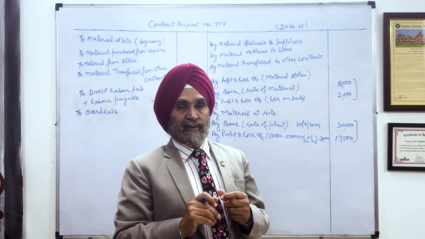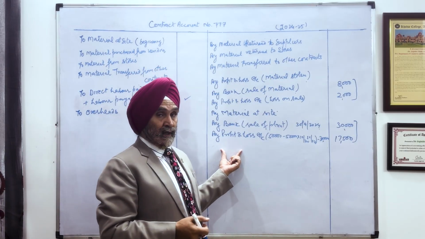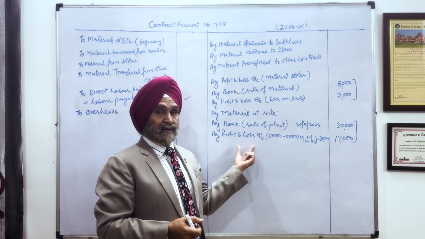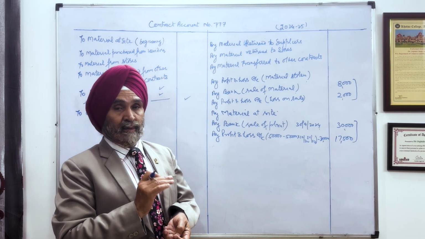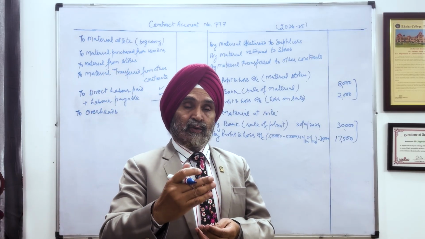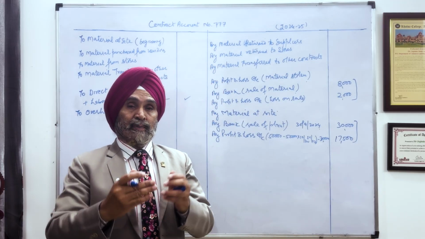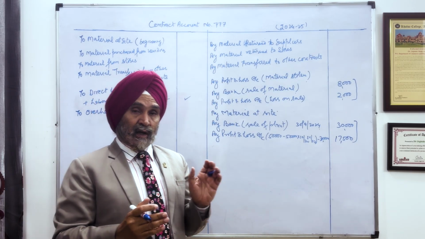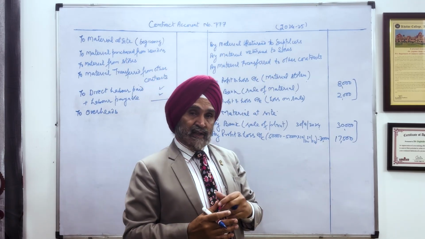In the first part, we had discussed when the contract was complete, and we wrote 'by contractee' account. But when work is incomplete, and it is to take 1 month, 1 year, 2 years, 3 years more to complete the contract, then how are we to calculate the profit at the end of the year?